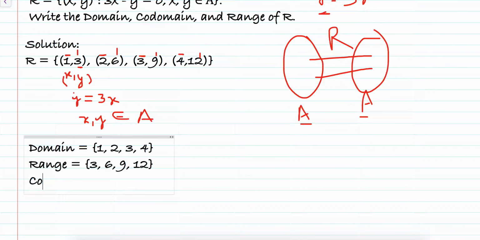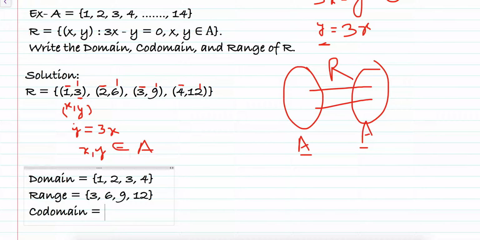Now the codomain. In our earlier class, we had seen that some of these elements will be images of some elements here, but we will have some other elements here which will not have any pre-image corresponding to these.